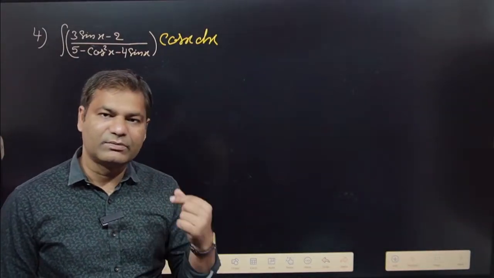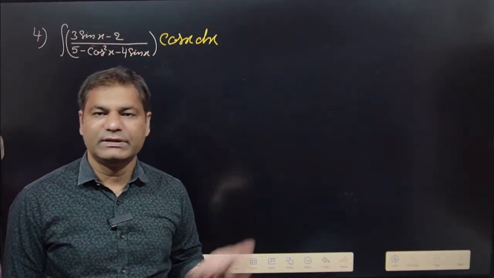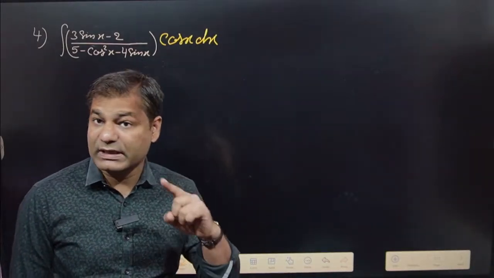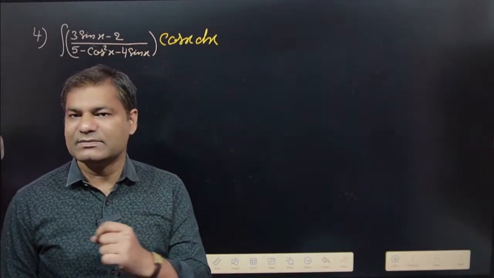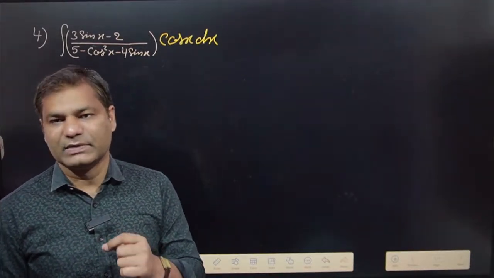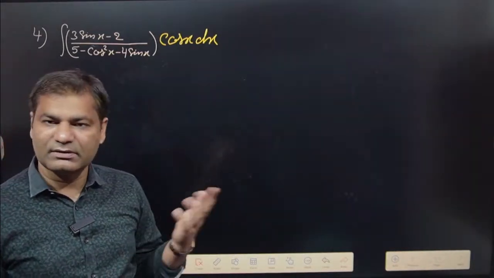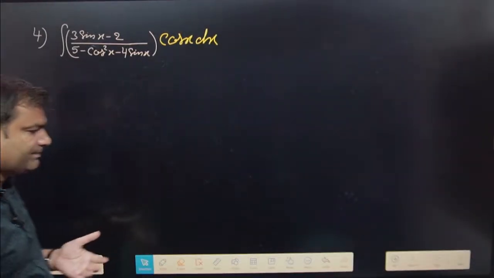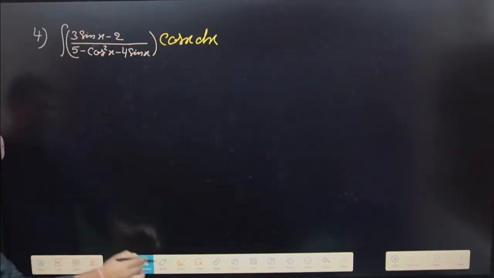Because if you take cos as t, then what about dt? Dt is not available if you take cos as t. But if you take sin x equal to t, then cos x dx is also available. So this is replaced by dt, then you can solve. Okay, now look here.